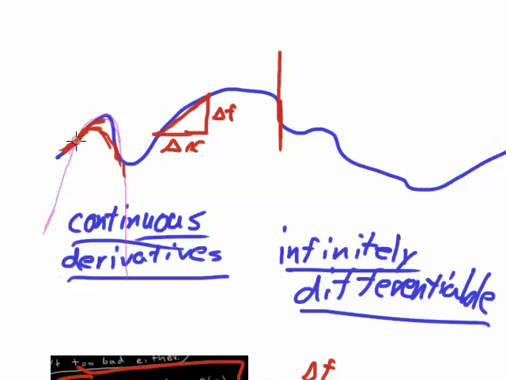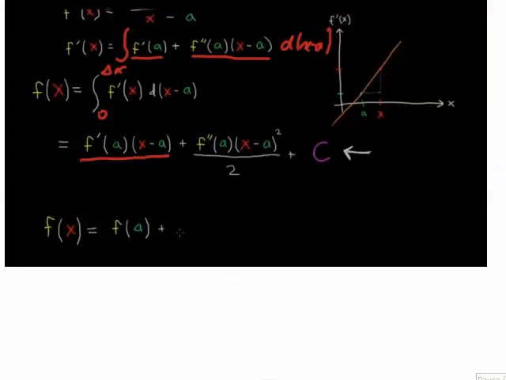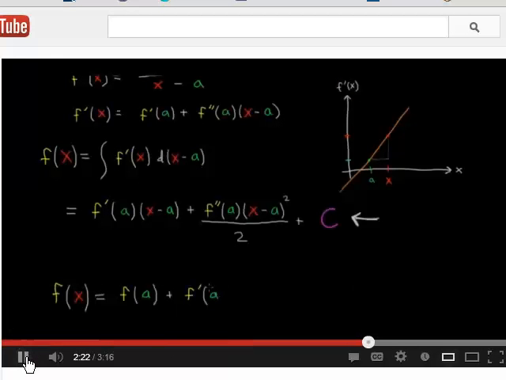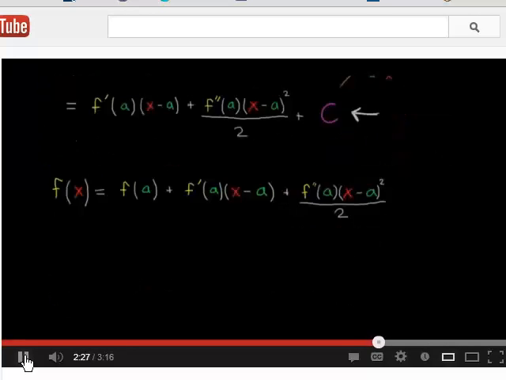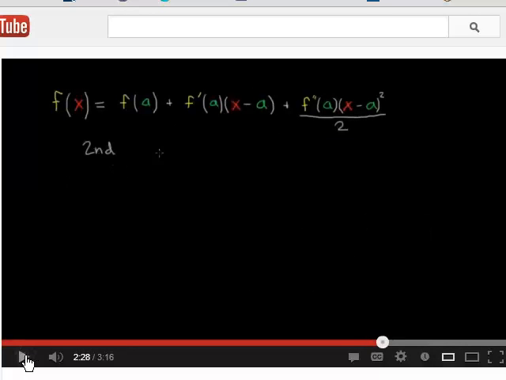All I need to know is the first and second derivative at that point. Now this constant up here is just going to be f of a, which he derives with probably a little bit more clarity than I figured out by plugging in x minus a into f of x. And it comes up right there.